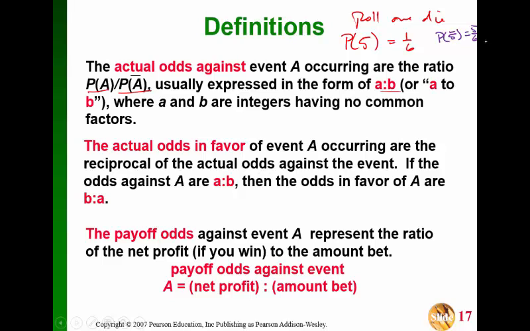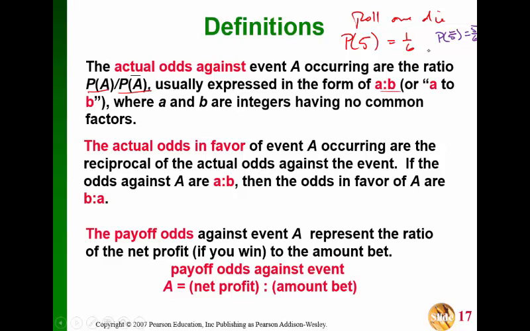So if we're playing a game, I say I have one die here. If I roll a 5, then you win. If I roll anything else, then I win. Okay? So what are the odds against you? Well, 5 out of 6.